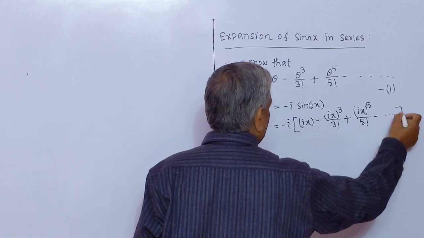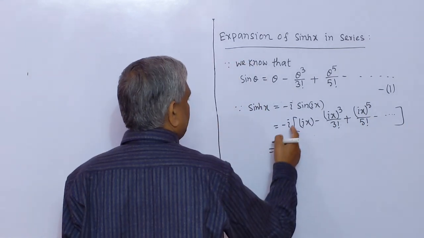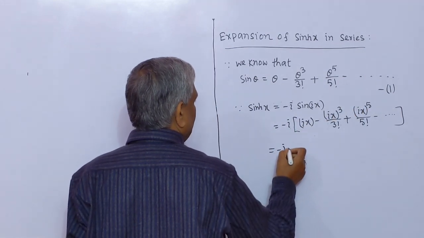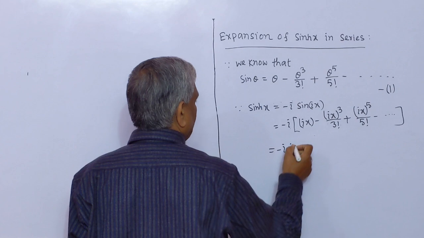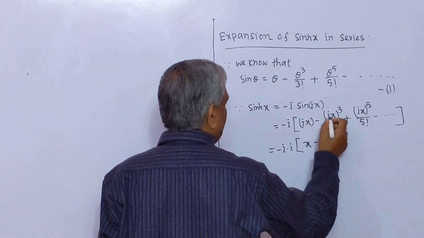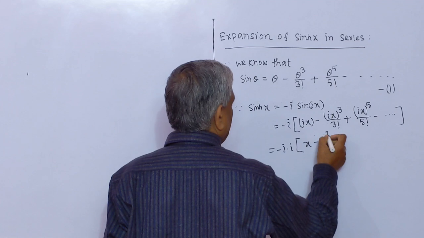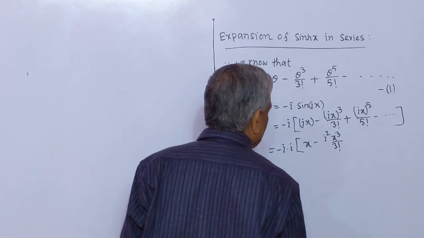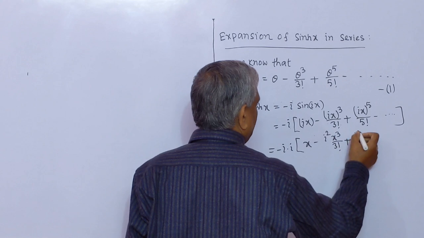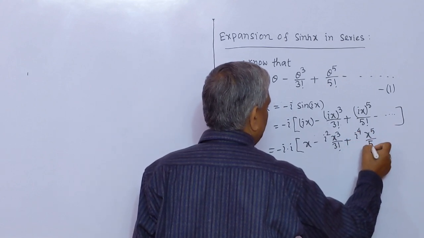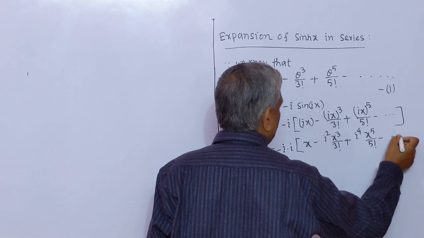Here we take common i from each term, minus i multiplied by i. Here remains only x minus i square x cube by factorial 3, plus i to the power 4 x to the power 5 by factorial 5 minus and so on.